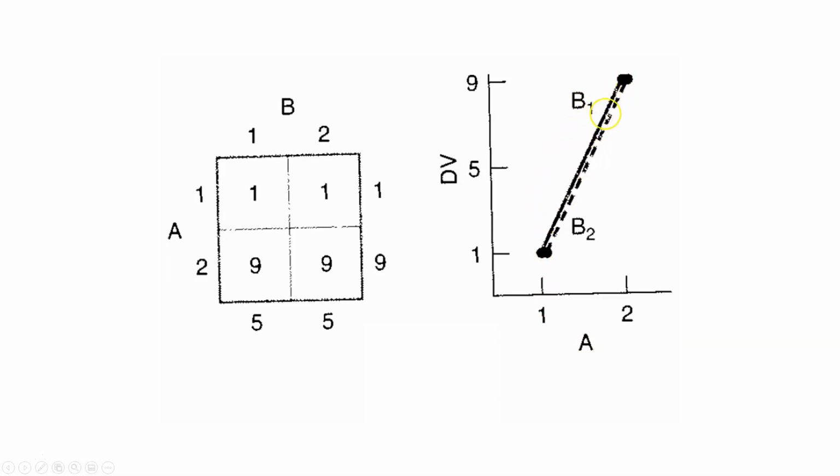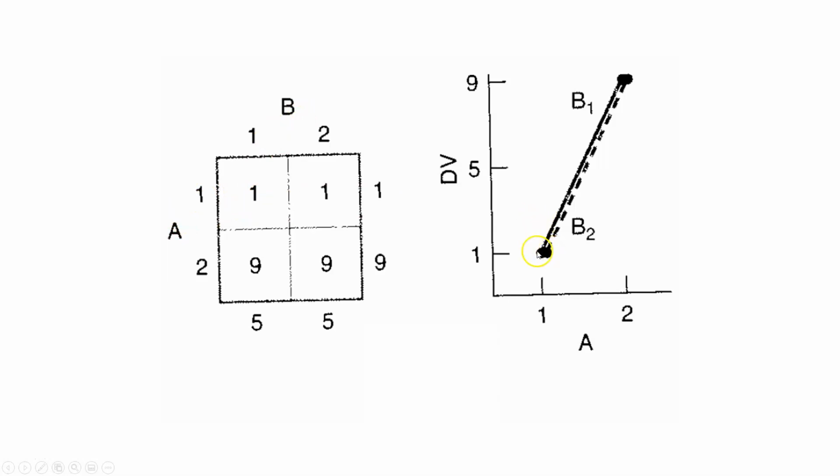These two lines are B1 and B2. So we've also got B1 as one of these lines as well. I think this black line is B1 and this dotted line is B2 because this black line is closer to the label B1. So here we've also got A1, B1, it's also 1.